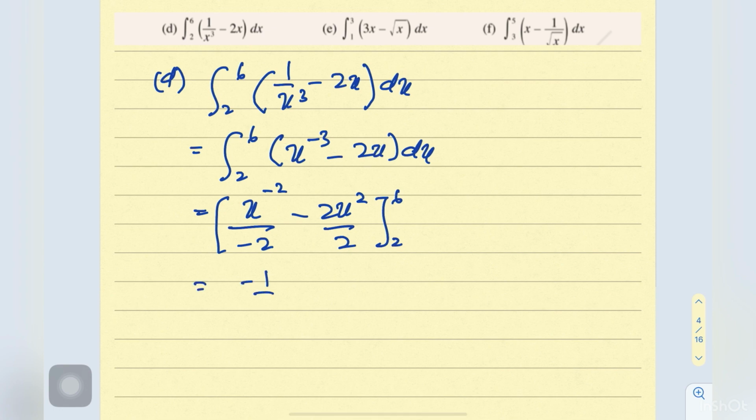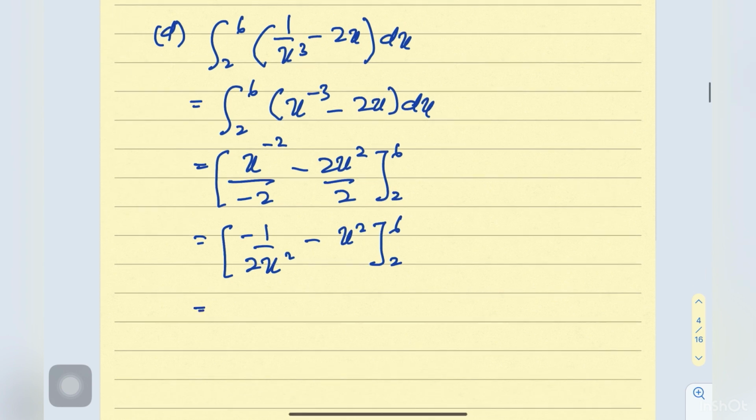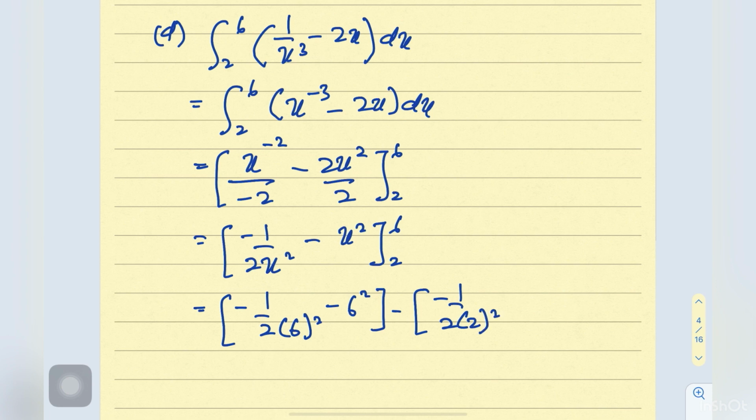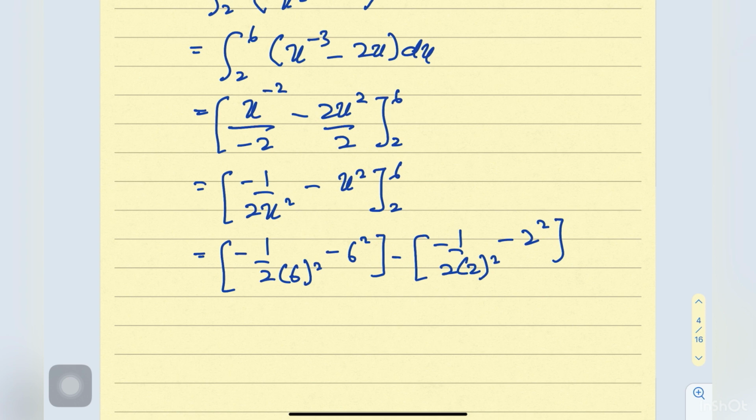Here we have negative 1 over 2x squared minus x squared, from 2 to 6. So we substitute the upper limit, which is negative 1 over 2, 6 squared, minus 6 squared, minus the lower limit, negative 1 over 2, 2 squared, minus 2 squared. Which equals negative 287 over 9.